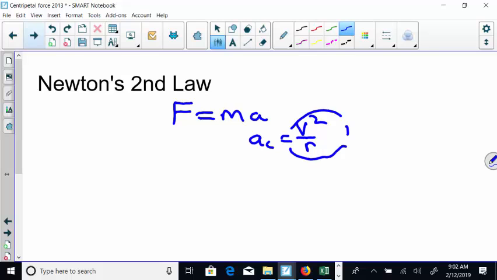Then I can plug this into Newton's second law, and that would become force equals m v squared over r. And this then becomes centripetal force.